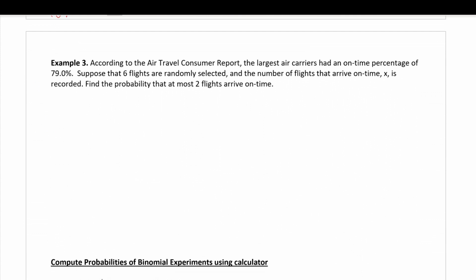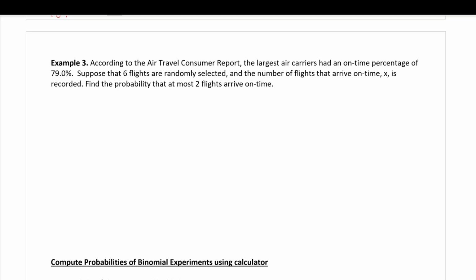It says, according to the Air Travel Consumer Report, the largest air carriers had an on-time percentage of 79%. Okay. Suppose 6 flights are randomly selected and the number of flights that arrive on time, x, is recorded. Okay. Find the probability that at most 2 flights arrive on time. Okay.